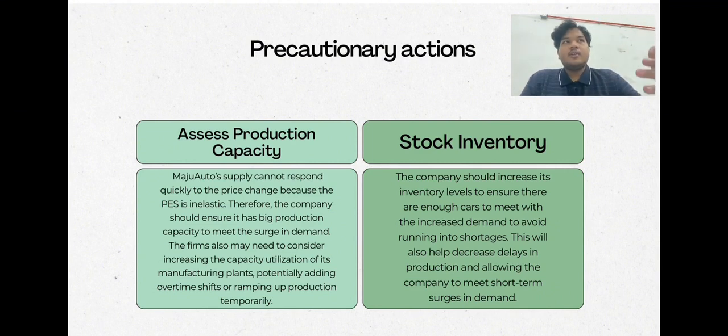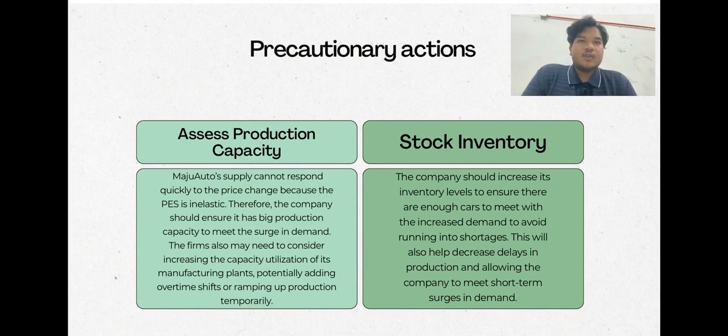Therefore, the company should ensure it has big production capacity to meet the surge in demand. They may also need to consider increasing the capacity utilization of its manufacturing plants, potentially adding overtime shifts for their workers or ramping up production temporarily, or anything else they can do to increase production.